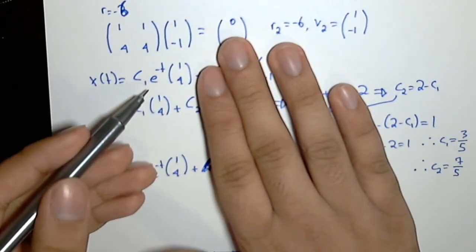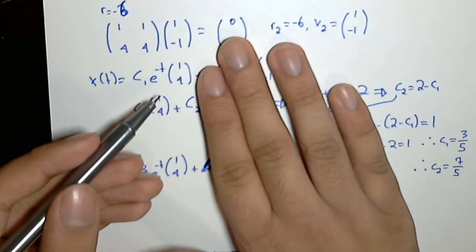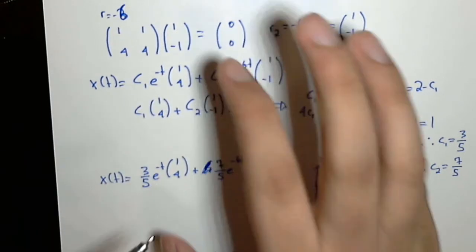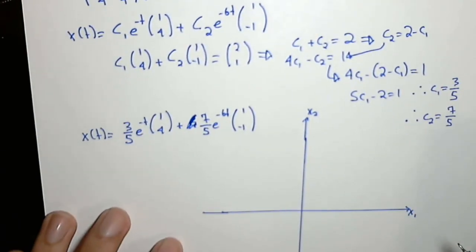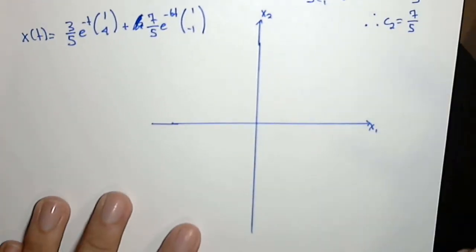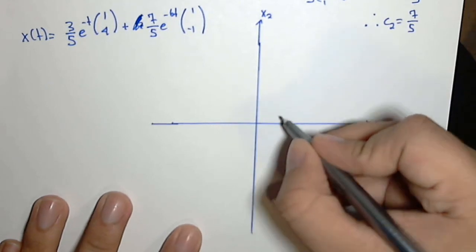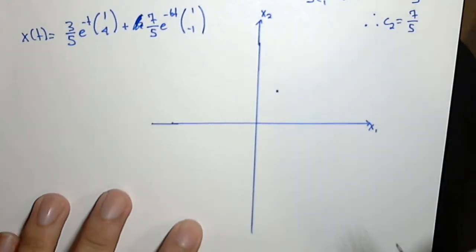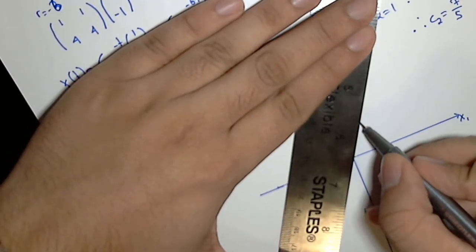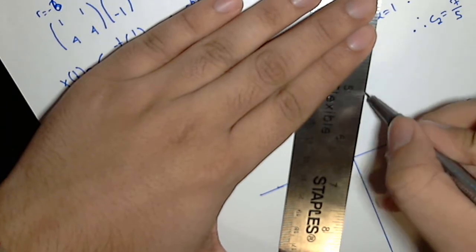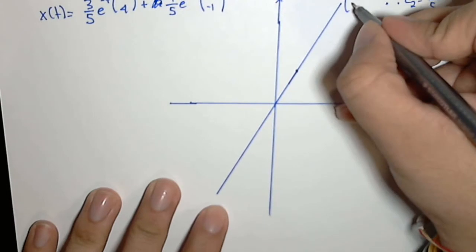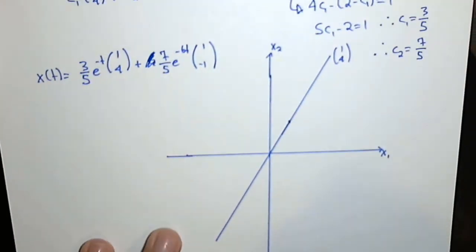So what this is doing is it's just going to multiply any vector that we have along this direction, 1, 4. So what we need to do is we need to draw that vector, the line that corresponds to the direction 1, 4. So go 1 over, 4 up, and like that. So that's the direction 1, 4.